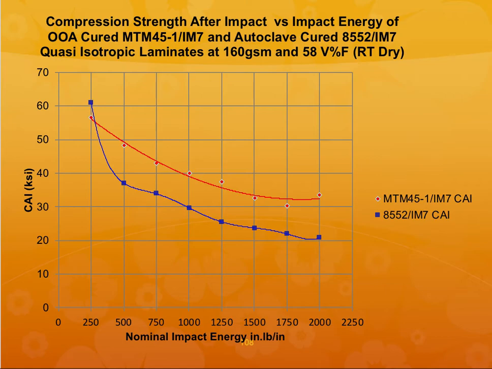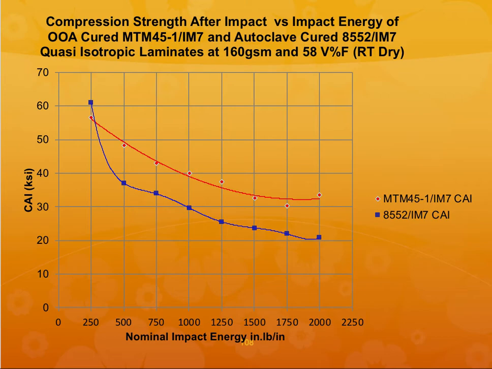In this case, you have to measure the properties after impact. If you are expecting materials to withstand low velocity impact, you have to put it into a fixture and shoot, say, a small aluminum ball, and then you test it under fatigue. That is typically called compression strength after impact.